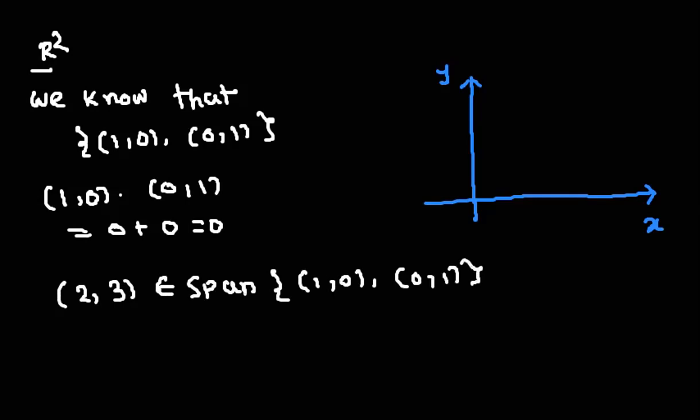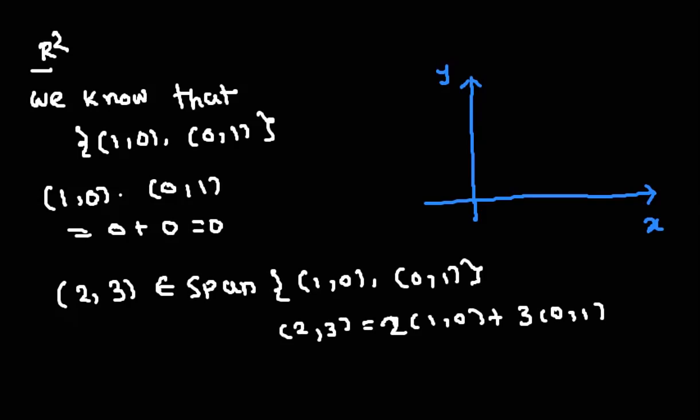We can write 2, 3 as a linear combination: 2 into 1, 0 plus 3 into 0, 1. So I just want to check whether this 2 is the scalar component of the vector 2, 3 upon the vector 1, 0 or not.